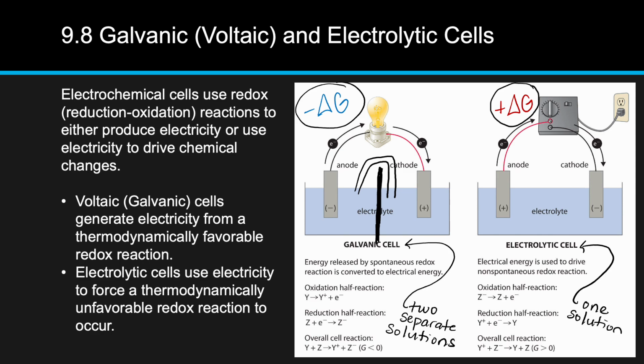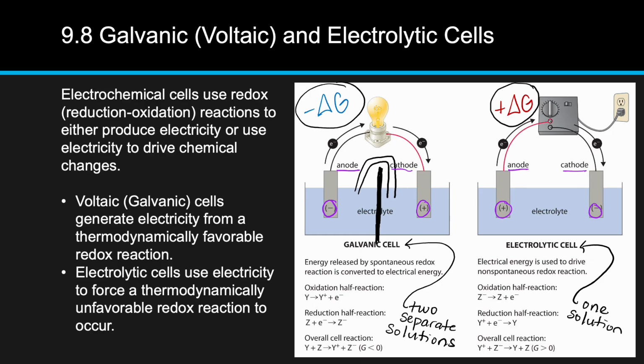The other difference I want you to notice is the charge of the anodes and the cathodes in the different electrochemical cells. We can see in the voltaic cells, our anode has a negative charge and our cathode has a positive charge. But in the electrolytic cell, it's the opposite. The anode has a positive charge and the cathode has a negative charge.